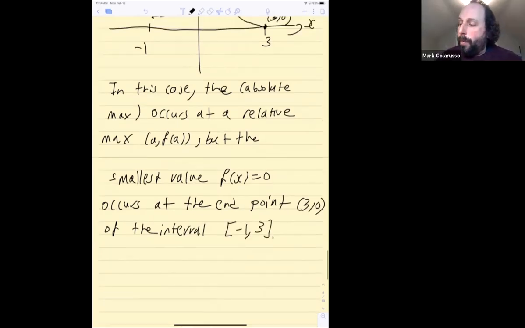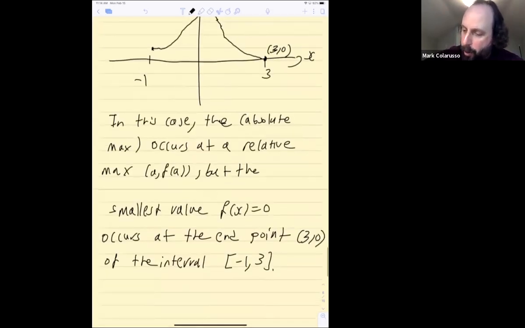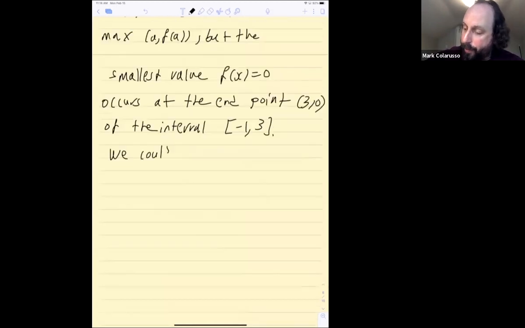But it can also be the case that we have a situation like the following.